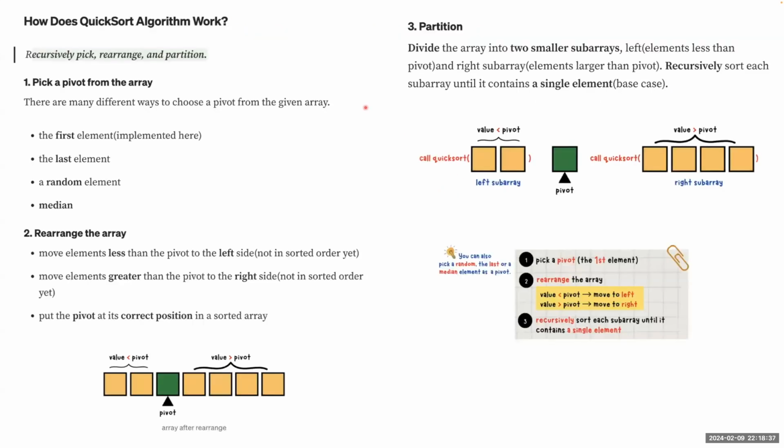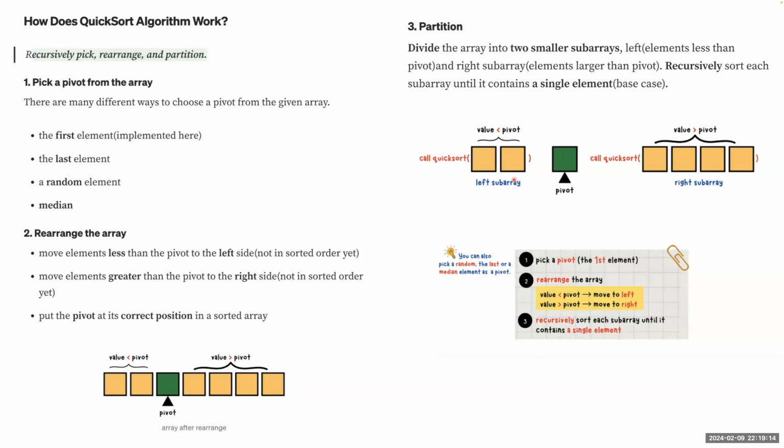So how does it work? First, we have to pick a pivot from the array. In this case, we will use the median, for example. Step 2, we will rearrange the array. We will move the elements less than the pivot to the left side, and the values greater than the pivot to the right side, and divide the array into two smaller sub-arrays.